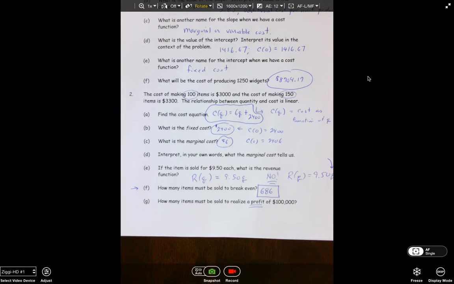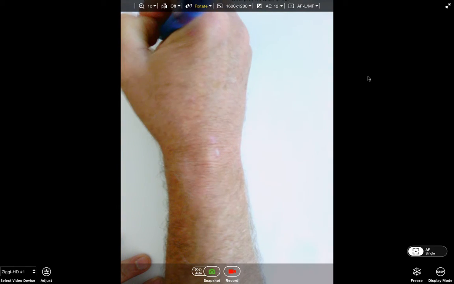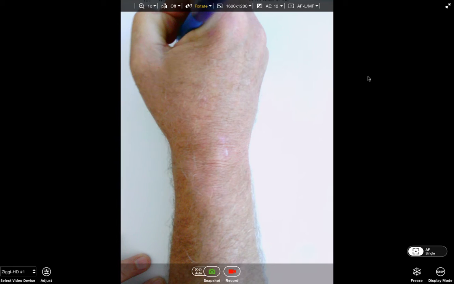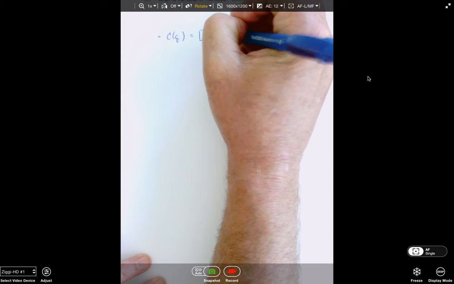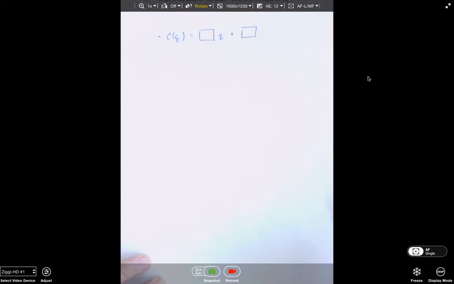Now, we got another function that we run into in Math 1700. So let's think about what we've got so far. In 1700, we run into a cost function, which is a number times Q plus another number.